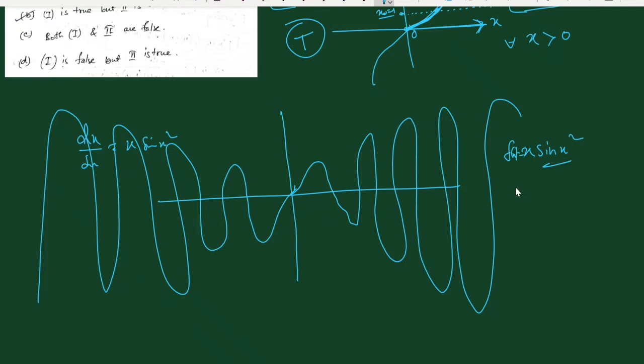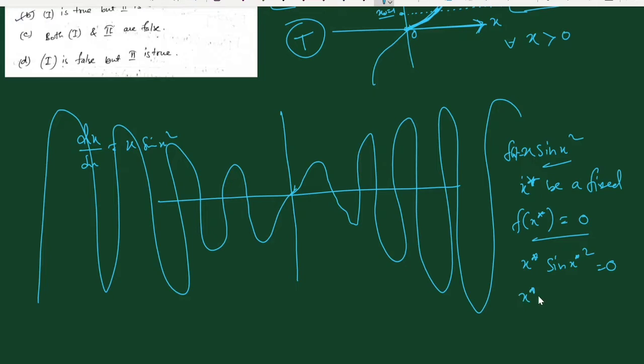Suppose x* is a fixed point. This is a question from stability analysis; you can check the nonlinear dynamical systems topic to solve this type of question. If x* is a fixed point, then f(x*) must be equal to 0, that means x* sin(x*²) is equal to 0.